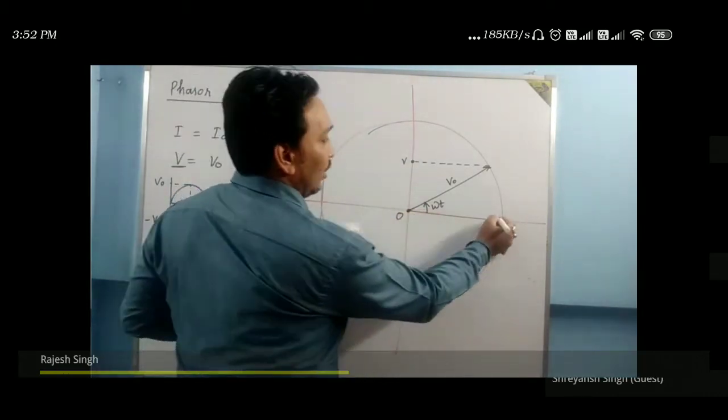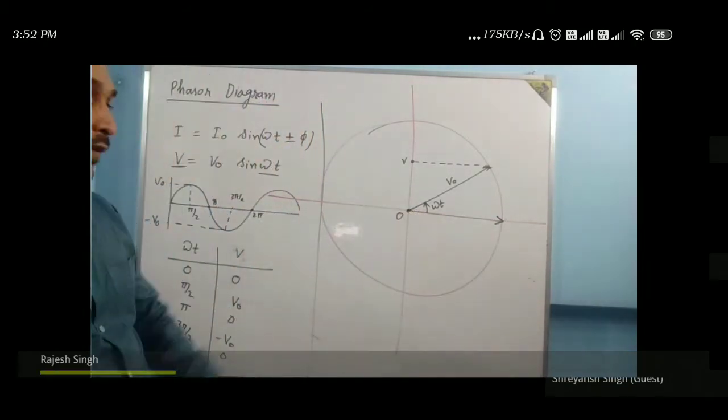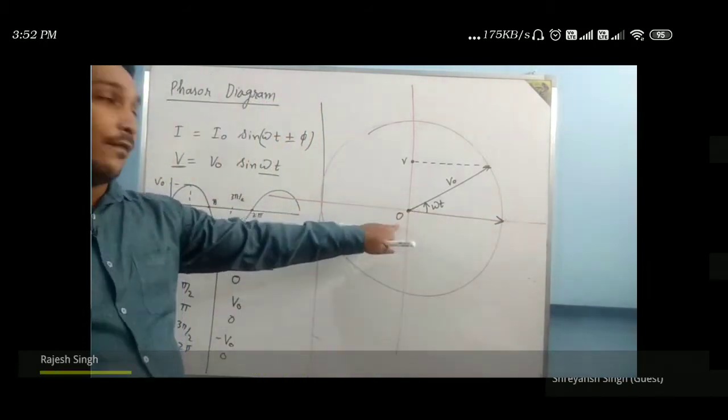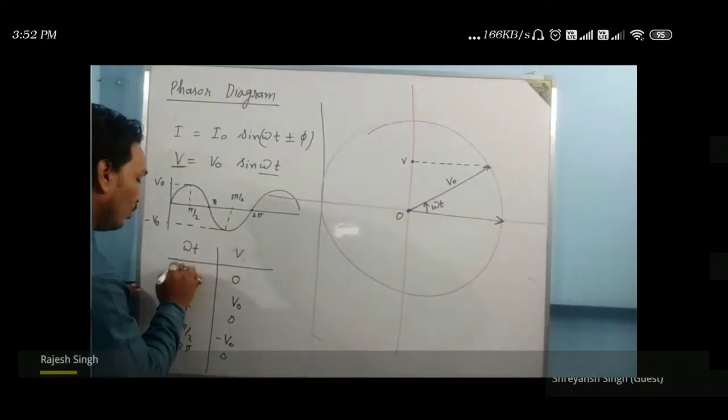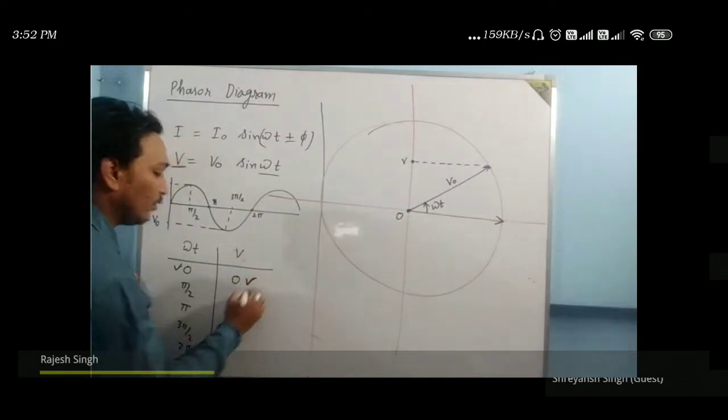If we draw a perpendicular, it comes at the origin only. The value of V comes out to be 0. When omega t is 0, the foot of the perpendicular is also at the origin, so V is also equal to 0.